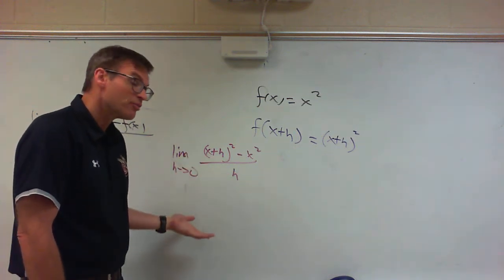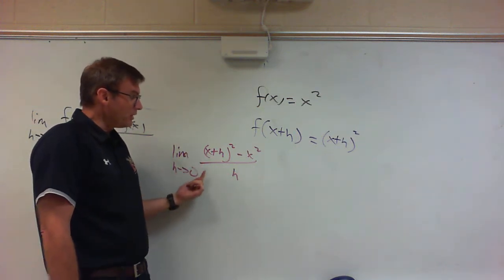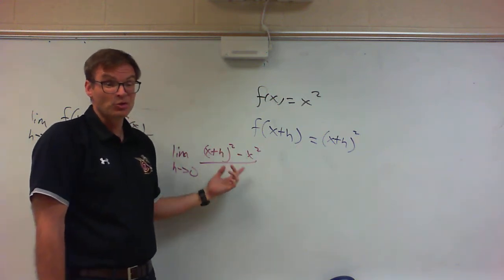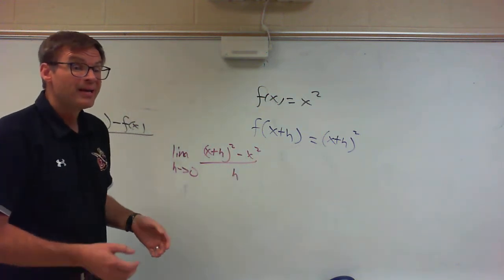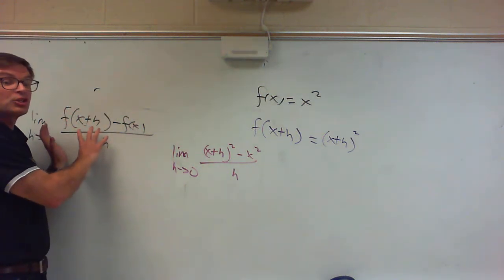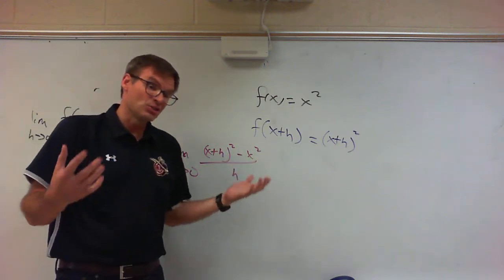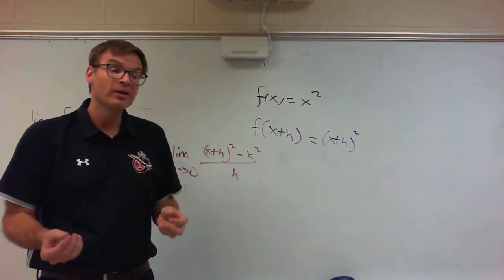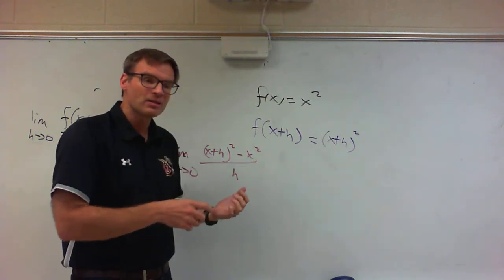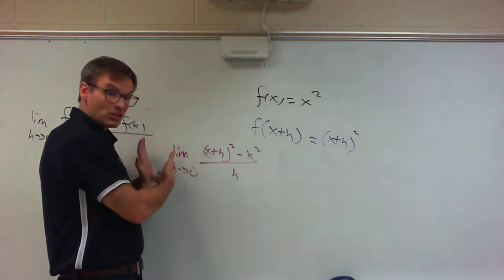Well, what you're going to find is when I plug in h equals 0, I'll get x squared minus x squared over 0. I get 0 over 0. I'm going to have to do more work. And pretty much every single time you want to find the slope, you're going to get 0 over 0, so you're going to have to do more work. So all of those skills that we practiced the past couple of weeks, we're going to use in computing this.